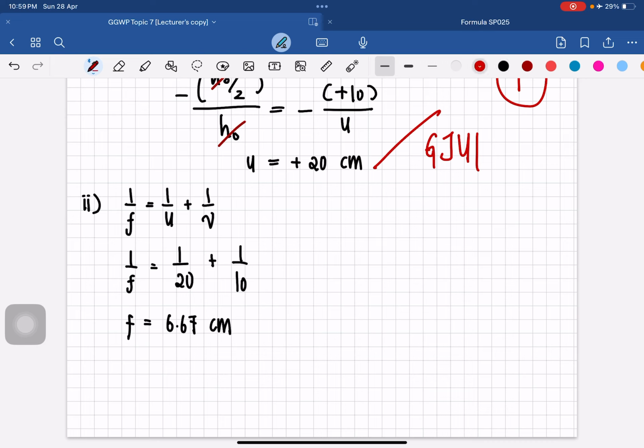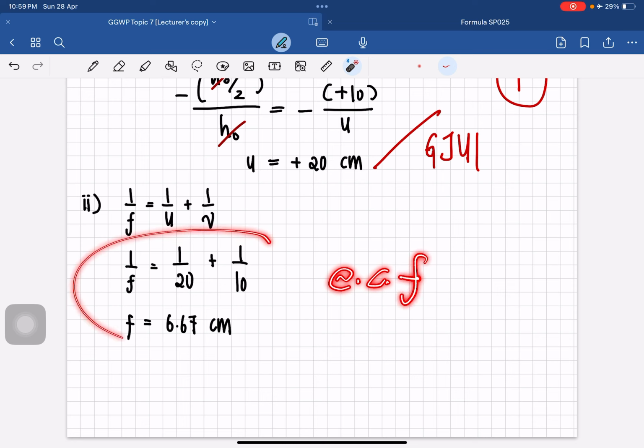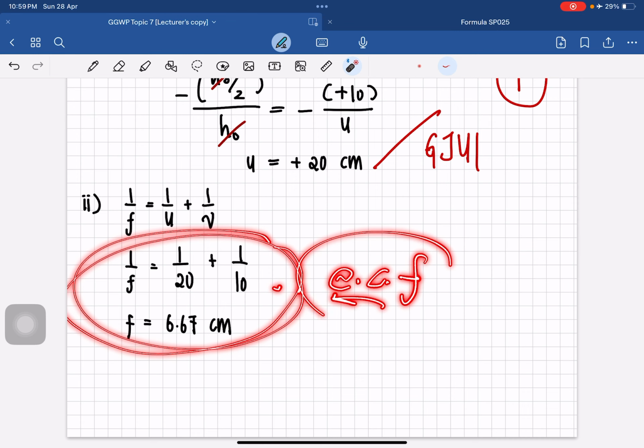Okay, contoh lah. Kamu dapat jawapan di sini salah. Okay, kamu dapat negatif 20 lah kononnya. Dan kamu substitute sini pun negatif 20. Okay, so yang ini, kalau dalam PSPM tu ada error carry forward, barulah jawapan di sini kamu boleh betul. Okay, kalau tiada maksudnya hilanglah markah. Okay, tapi basically what I'm trying to say is, there's usually gonna be error carry forward.